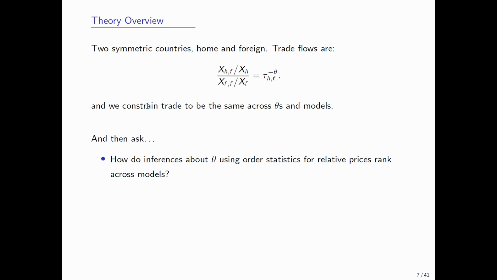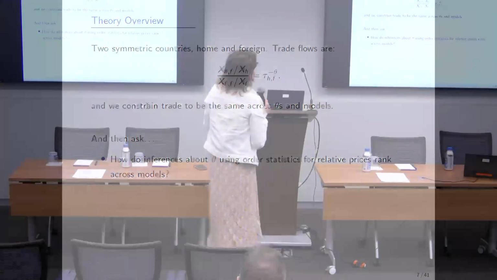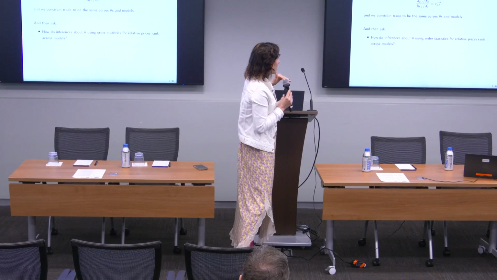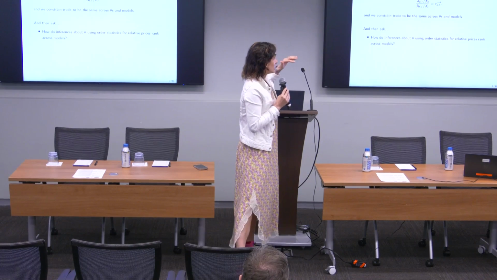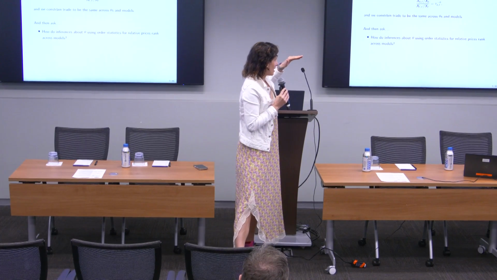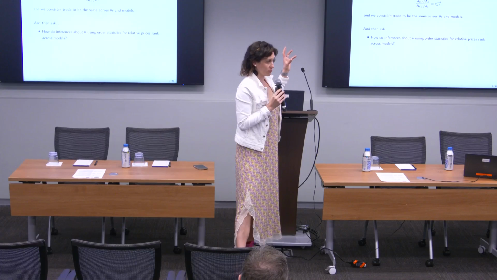Okay? So if we have two symmetric countries, home and foreign, then the trade flows collapse to a very simple equation where I've just replaced the I's and the N's with H and F for home and foreign. The phi's go away due to symmetry, and then everything collapses to the trade barrier tau raised to the power of minus theta. Okay, so now suppose that we constrain the model such that tau and theta match the same trade flows across models.